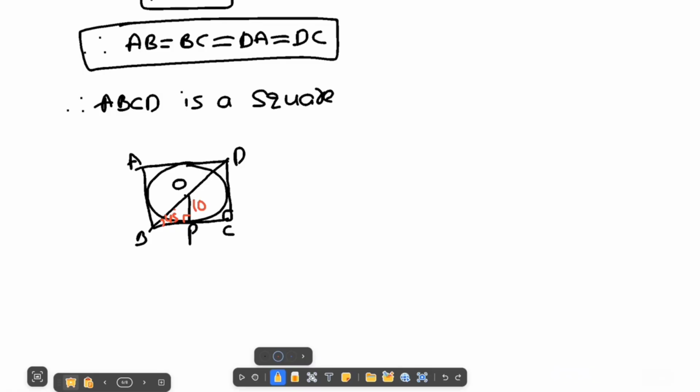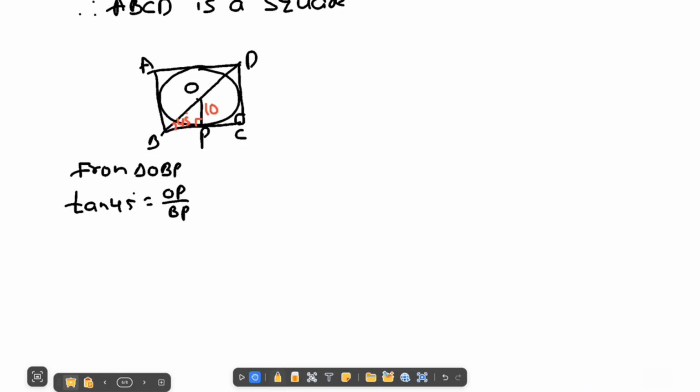So let's find BP by applying tan 45. From triangle OBP, let's apply tan 45. With respect to 45 degrees, the opposite side is OP and the adjacent side is BP. Tan 45 is 1, so 1 equals OP over BP, which is 10 by BP.